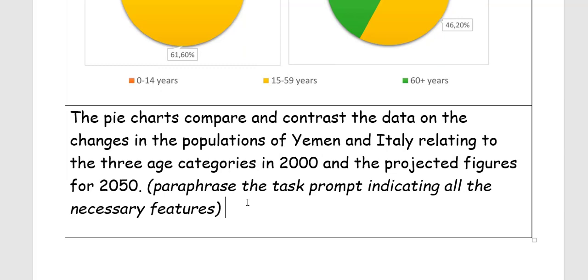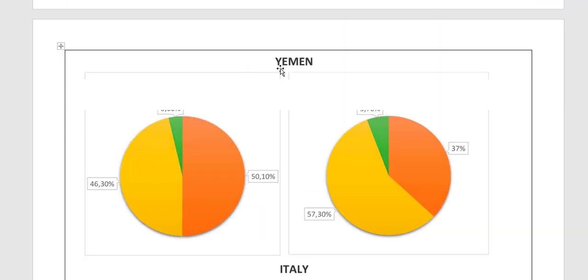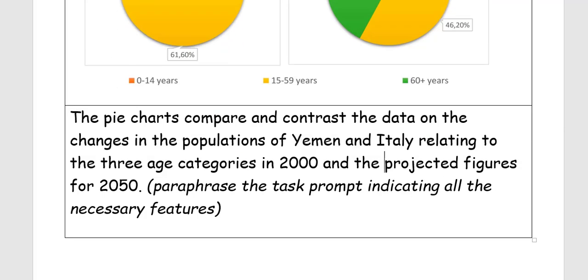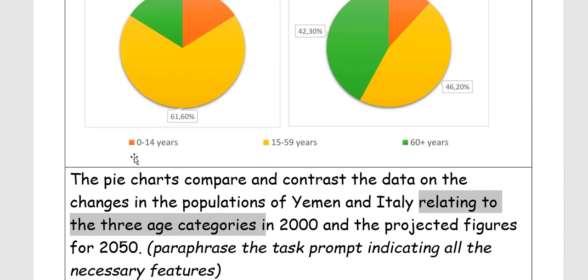So first, let's look at the introduction paragraph. The pie charts compare and contrast the data on the changes in the populations of Yemen and Italy. So we have 2 countries. Relating to the 3 age categories, we have those who are from 0 to 14, from 15 to 59, and 60 plus.